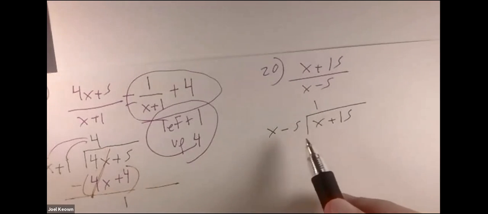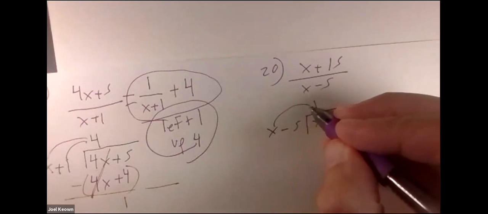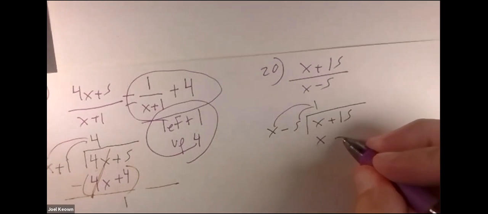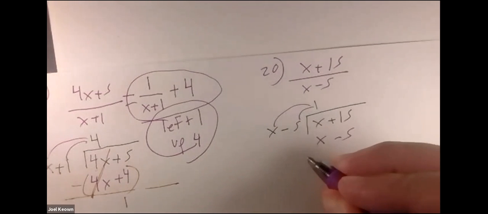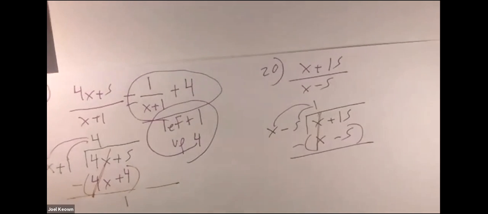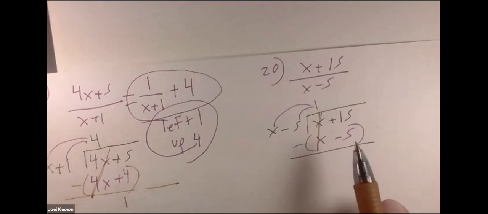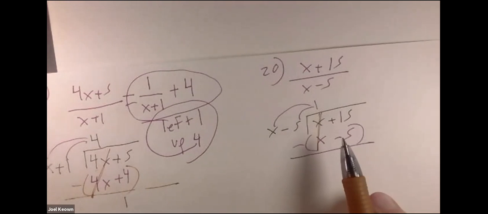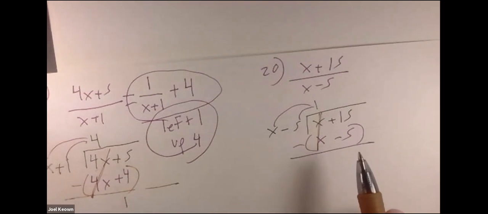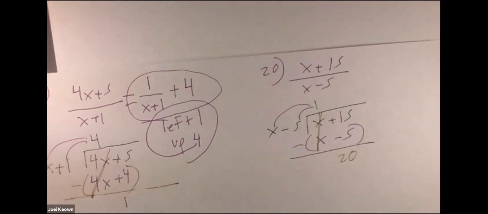I distribute that, x minus 5. I need to subtract. My first term should cancel out. And be very careful here. This is 15 minus negative 5. Well, minus a negative makes positive. So 15 plus 5 is 20.